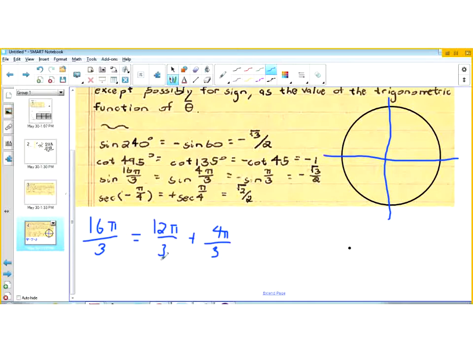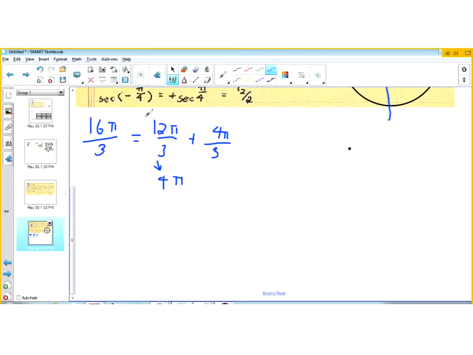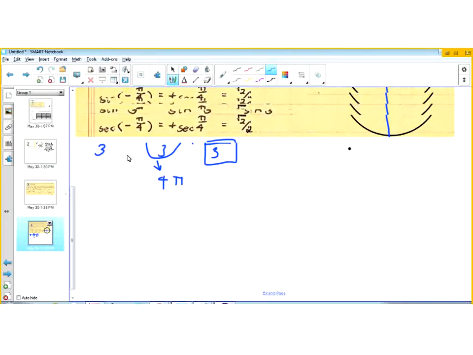So why did I select 12 pi over 3? Well, 12 pi over 3 is equal to 4 pi. And we know the reference angle for even multiples of pi is 0. So what I did was find the nearest even multiple of pi, which summed with another term is equal to 16 pi over 3.